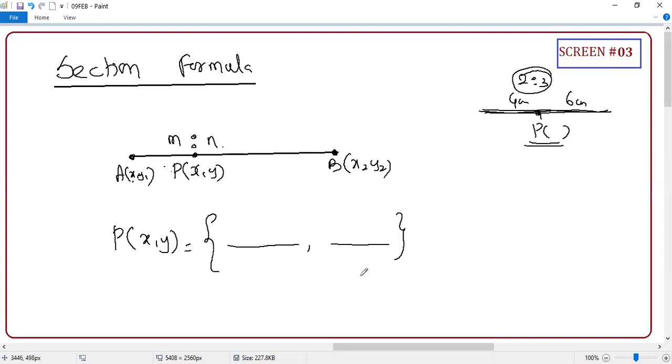I'm going to explain how to write it, and the same thing you are going to write when the problem is given. Clear? So the denominator is whatever ratio, M is to N or 2 is to 3. You just add that ratio and put it in the denominator. Point number 1. And point number 2, the numerator, what I need to do? Listen carefully, very, very important. M2 here.